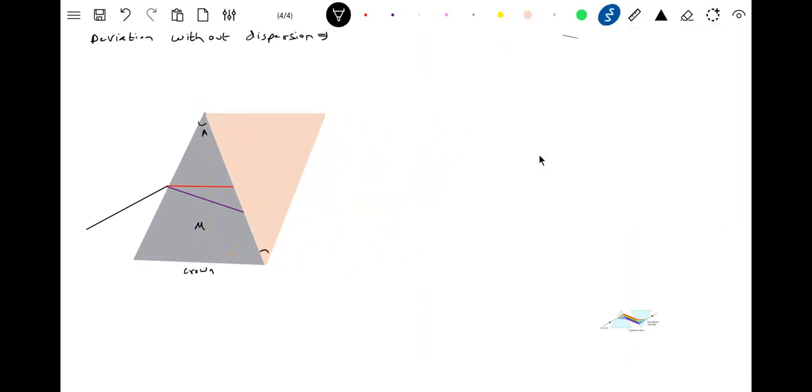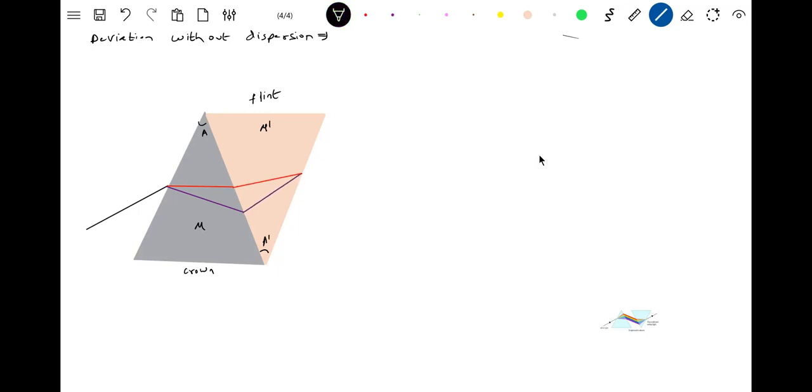Okay, this will be the flint glass prism, crown glass prism. Okay, this is flint, refractive index be mu dash, angle of prism let it be A dash. The violet also will undergo deviation.